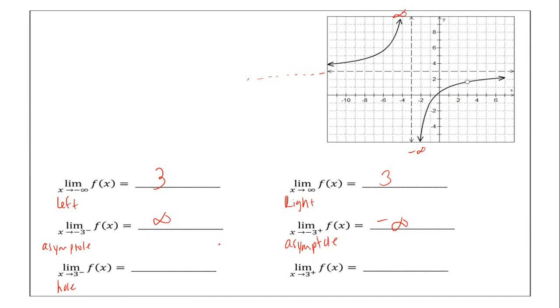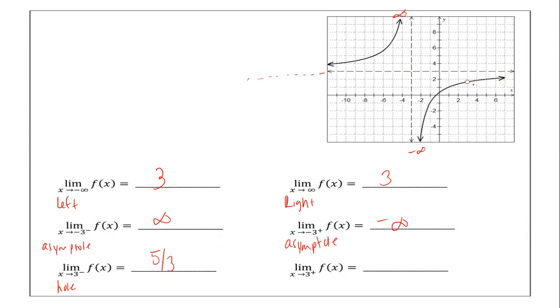It says X is 3 and 3 is where our hole is. And it says here, X is -3 and -3 is where our asymptote is. So pay attention to the value that it's having you look at. Okay, good question. And so this one is heading towards 5/3.